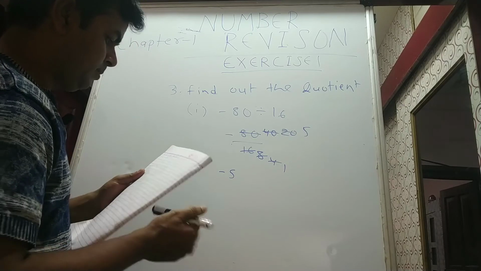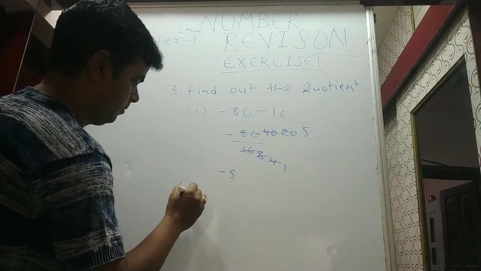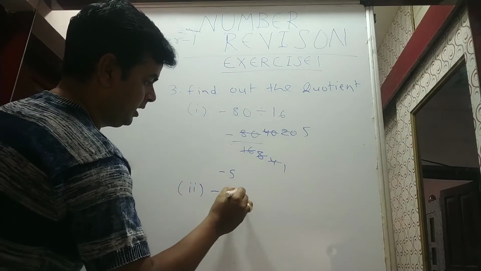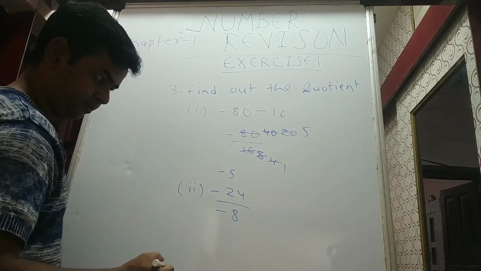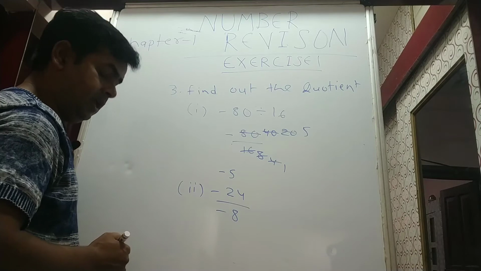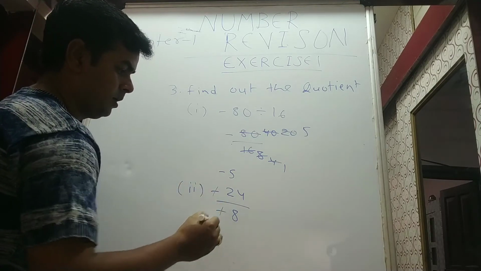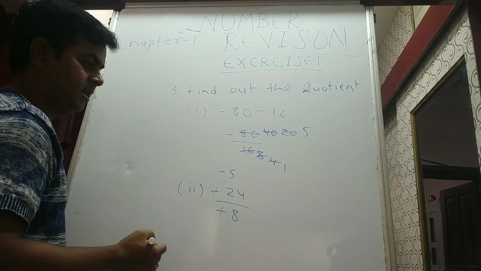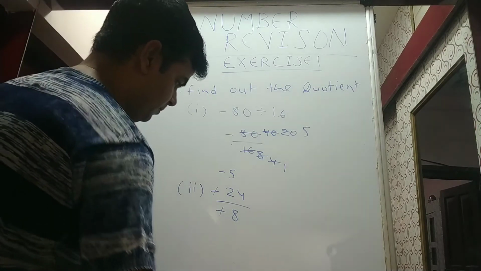Next question is minus 24 divided by minus 8. If you see a minus sign in both the numerator as well as the denominator, cancel it out. Why are we cancelling it?